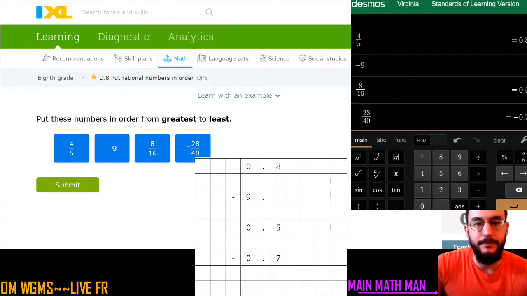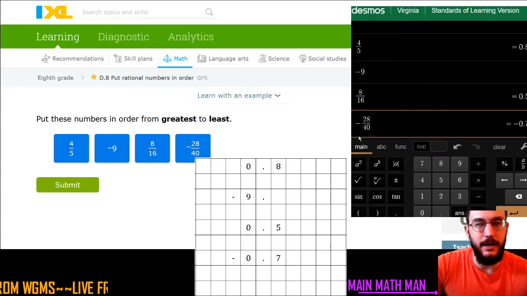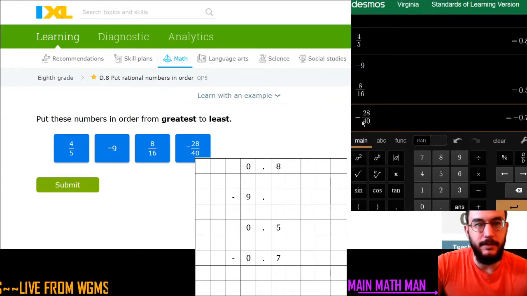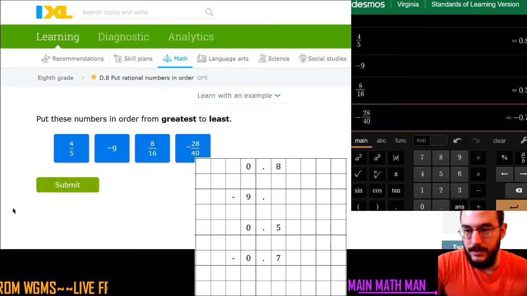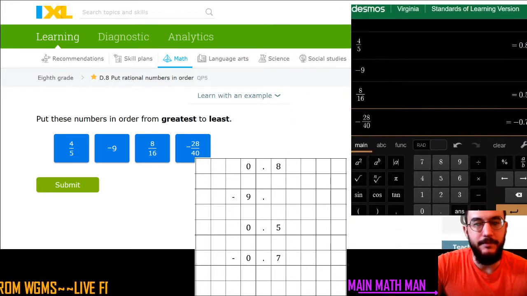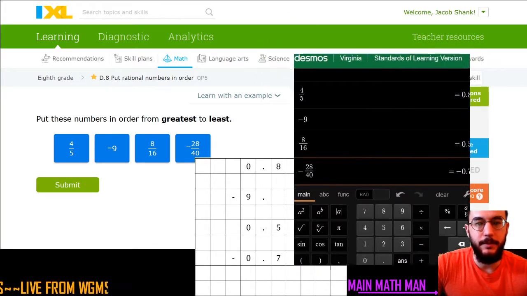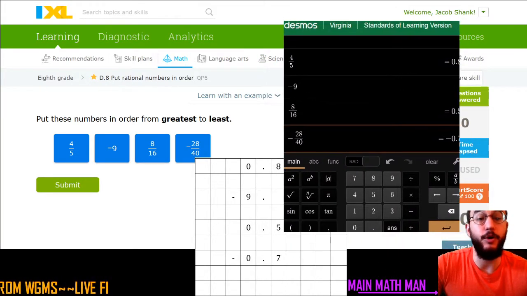As you are working with these decimal values, you want to make sure that you can align those up. So I'm going to use this Desmos. Let me make that up front. You want to make sure that you can cover it up. I'm looking for the greatest number.